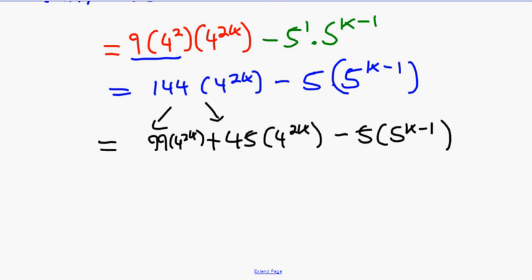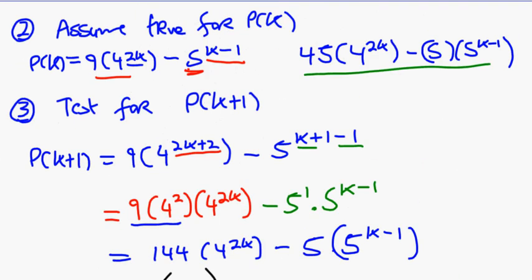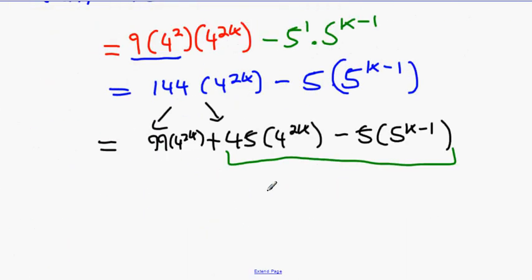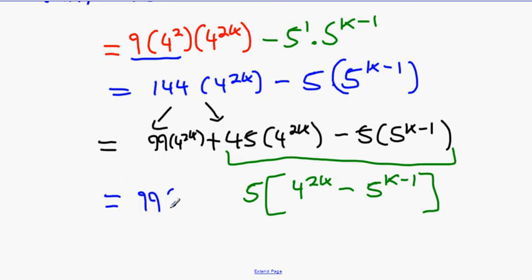Now I'm going to factorize this part and turn it into P of k, because this part here is basically 5 P of k. So what I'm going to do is factorize out 5. It's going to be 5 into 4 to the power 2k minus 5 to the k minus 1, close brackets, and that's going to be 99 times 4 to the 2k at the front. So that's P of k plus 1.